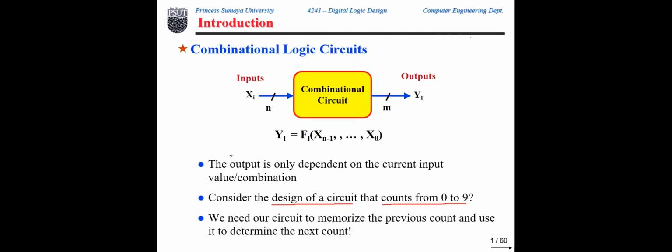This behavior is that the output of the circuit does not only depend on the current input value, it also depends on something else. What is this something else? It is the value that I am memorizing, the value that I have to store, the value that I have to remember in order to compute the new output.